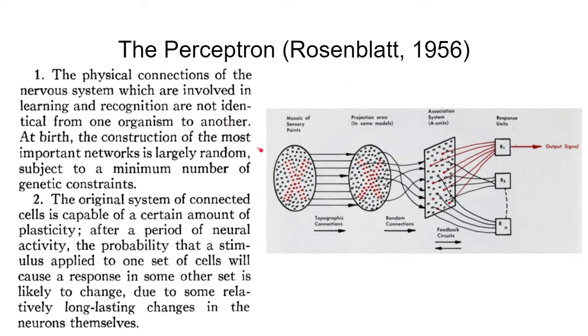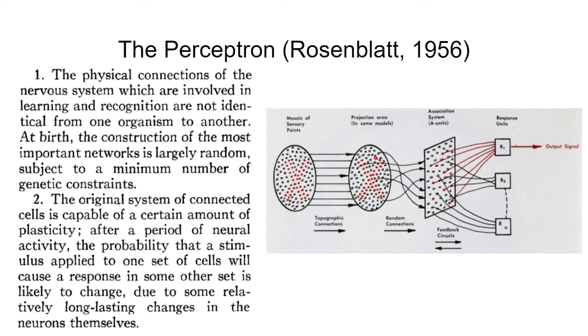Here's the core idea. First of all, you've got some sensory data coming in. The particular thing they're imagining here is vision, so this is just light coming in, and you've got some sort of retina, a bunch of things that are sensitive to light. These things will be active if light is falling on them, only on their particular pixel.